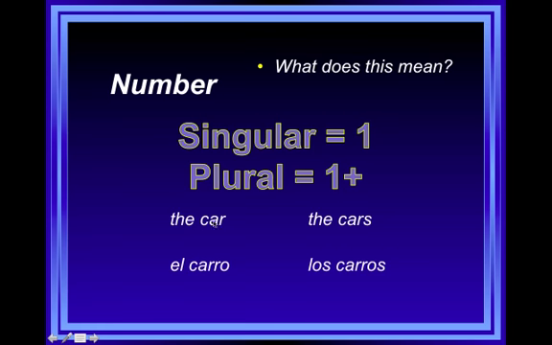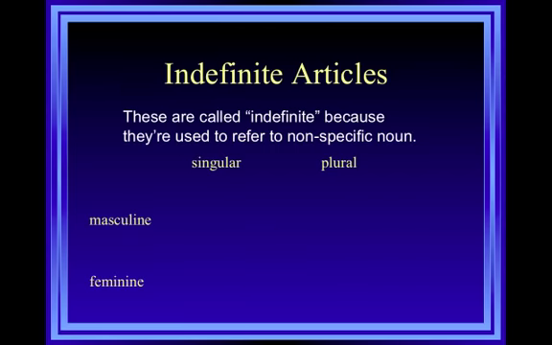When we take car and we make it plural, the stays the same, but we add an S to cars to make it plural. Let's look at how it works in Spanish. El is the article. It means the. We say the car. But when we make this plural, we have to change the article and the noun. So we have los carros. So that's why it's important to remember number has to match just as well as gender. And this will become more clear as we go further through the video.